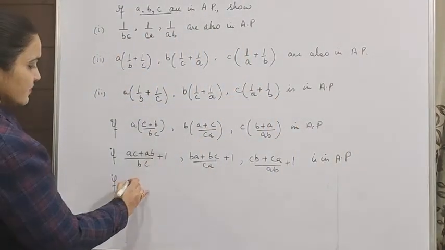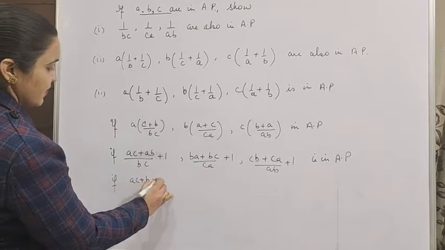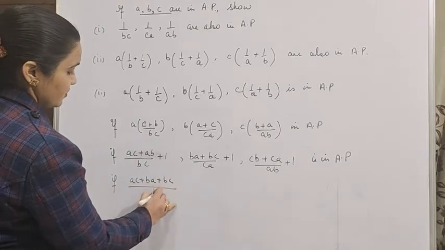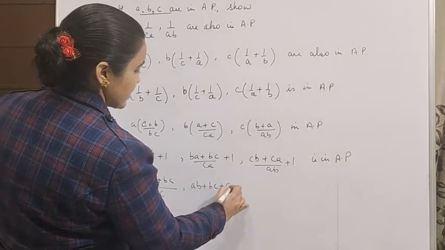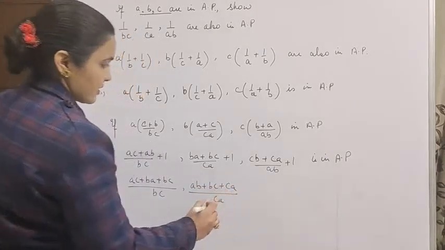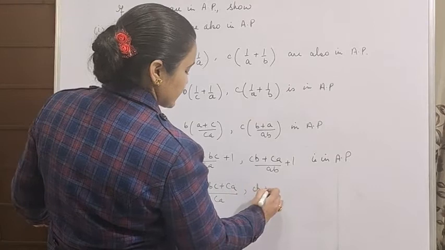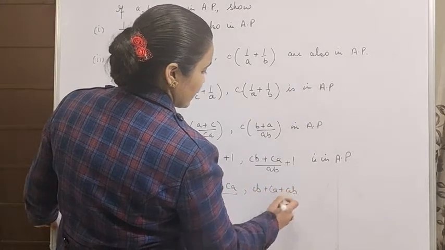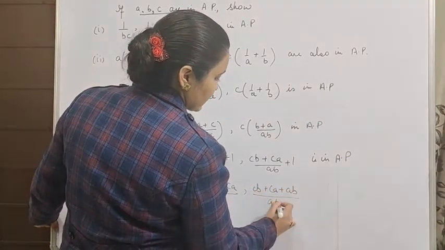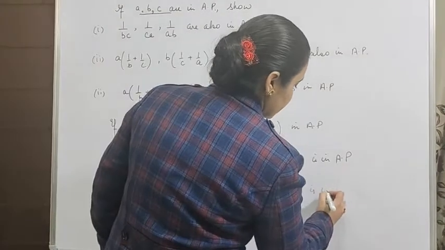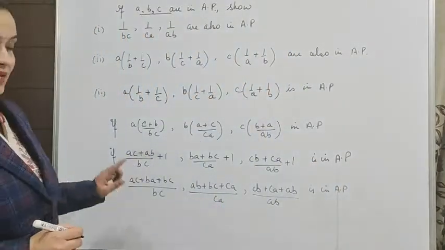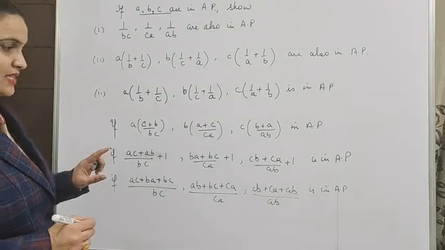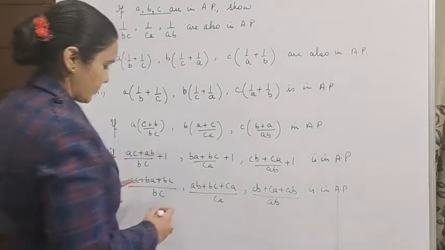Now take LCM: (AC+AB+BC)/BC, (AB+BC+CA)/CA, (CB+CA+AB)/AB is in AP. Clear? So अगर हम इसे डिवाइड भी करें किसी से, then it will also remain in AP.